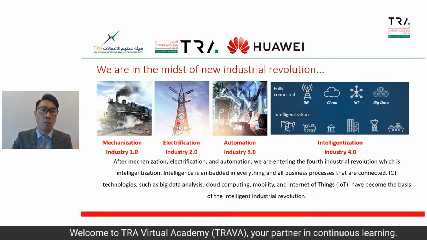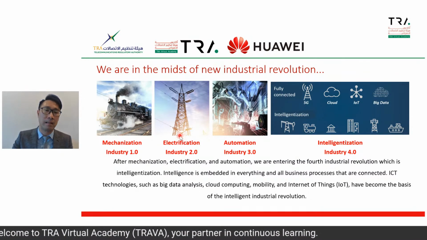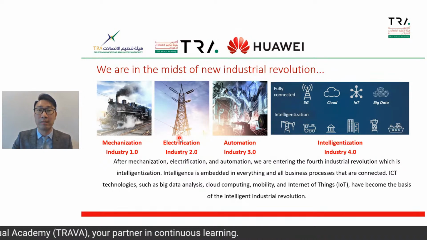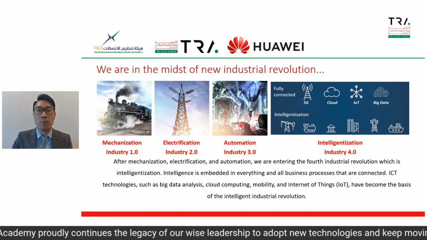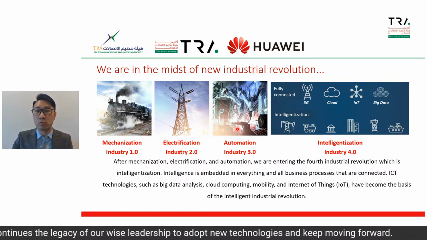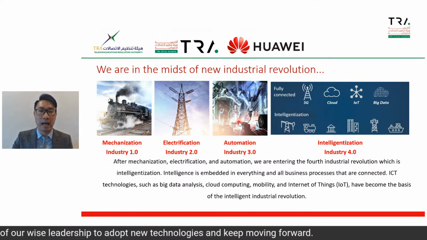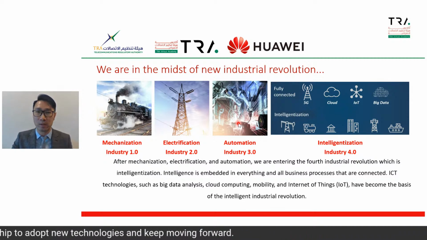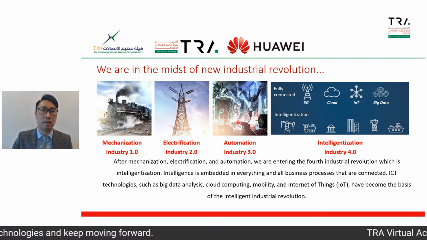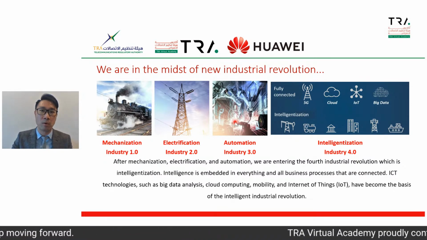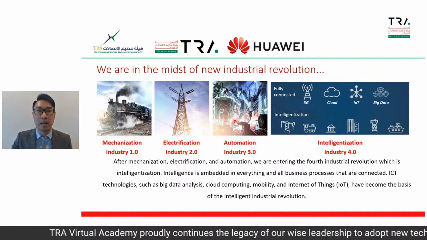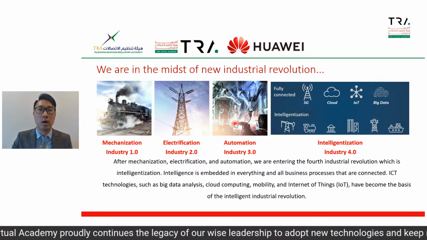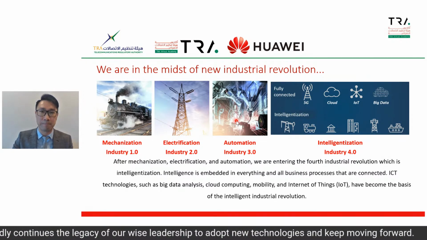So this new technology in Industry 2.0 then triggered the revolution. Moving on, we have Industry 3.0, where we have some automation processes using the programmable logic controller, then we simplify the process using some robotics in our manufacturing system.